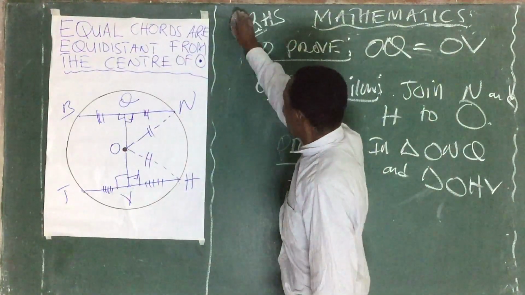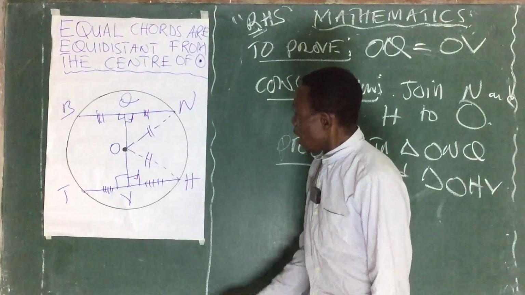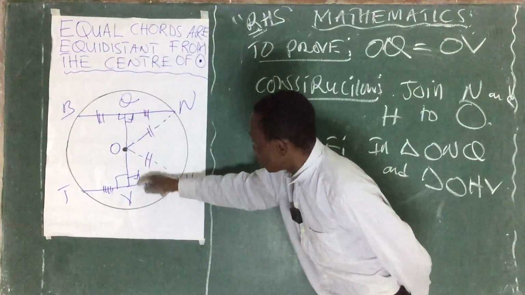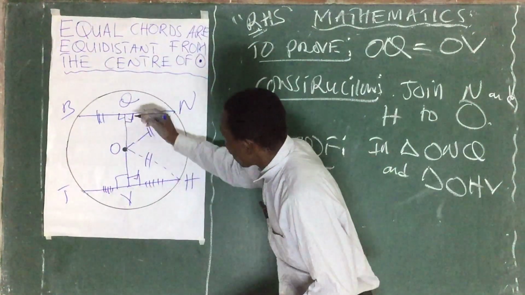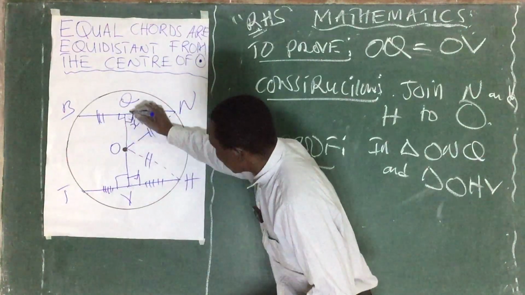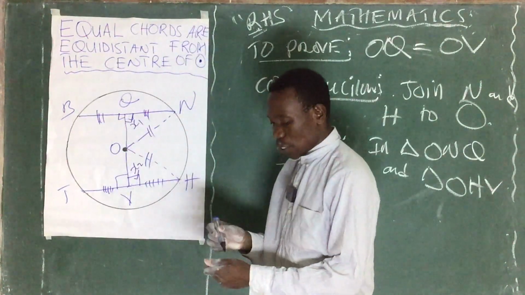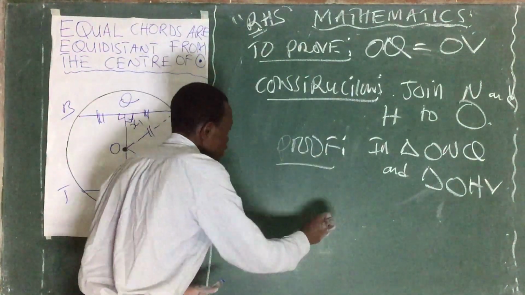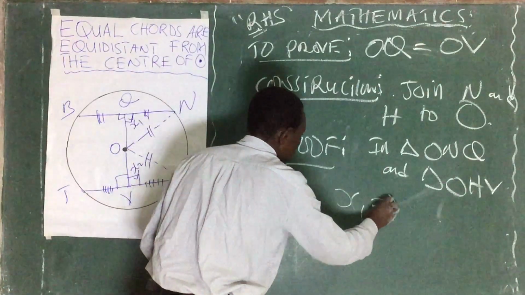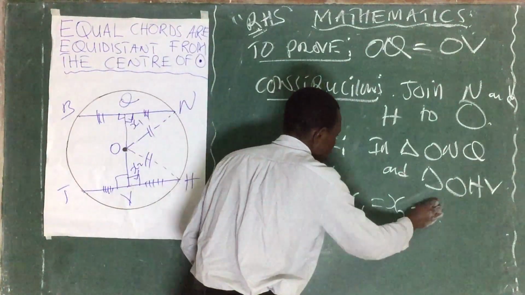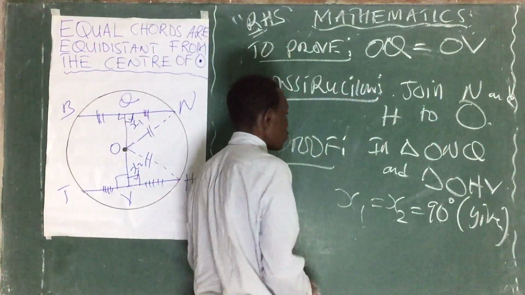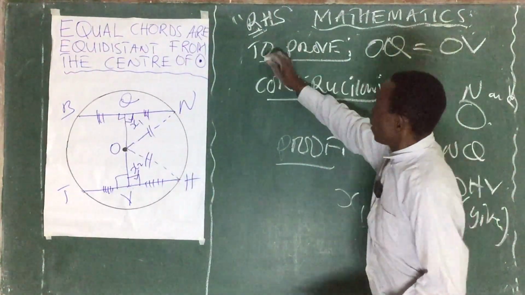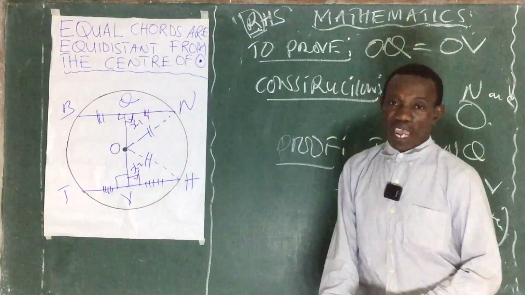So in this case, if I go by this test, it means I will really see that the two triangles have right angles in here. So here I can present these angles by maybe letter X. This is X1, this is X2. I'll write here, in the triangles, X1 is equal to X2, which is 90 degrees. This is given.